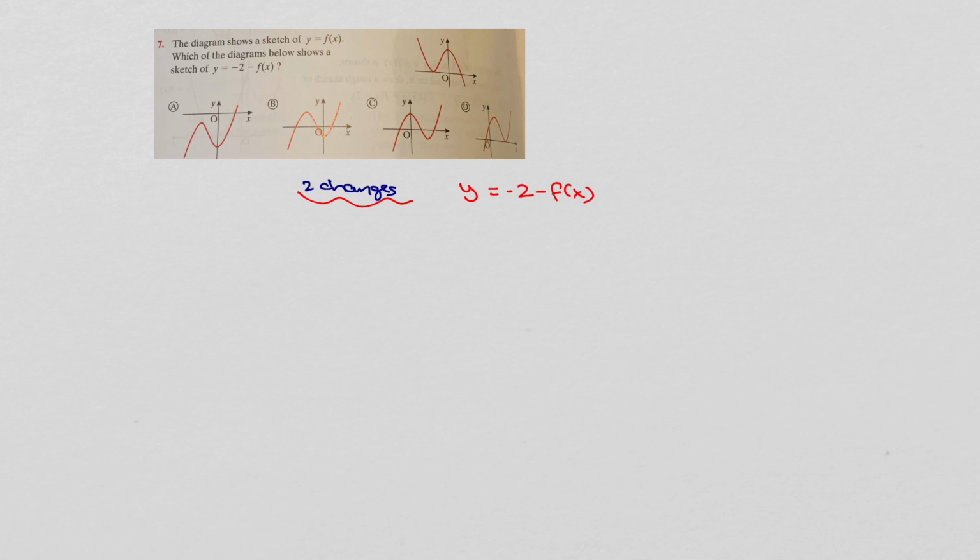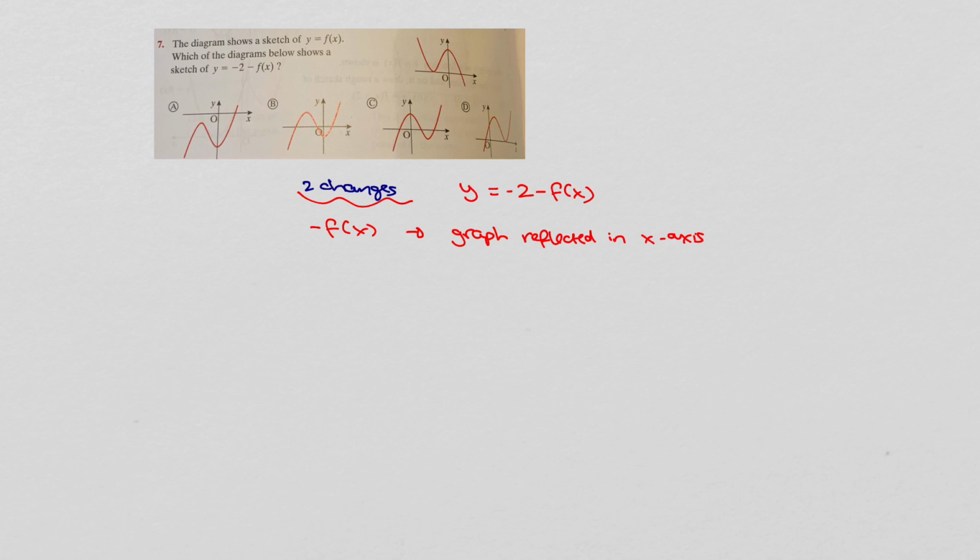So if I look first of all at minus f of x, that change means then that I have multiplied all the y coordinates by -1. In other words, the graph is reflected in the x-axis. So if it's reflected in the x-axis, it's going to end upside down.